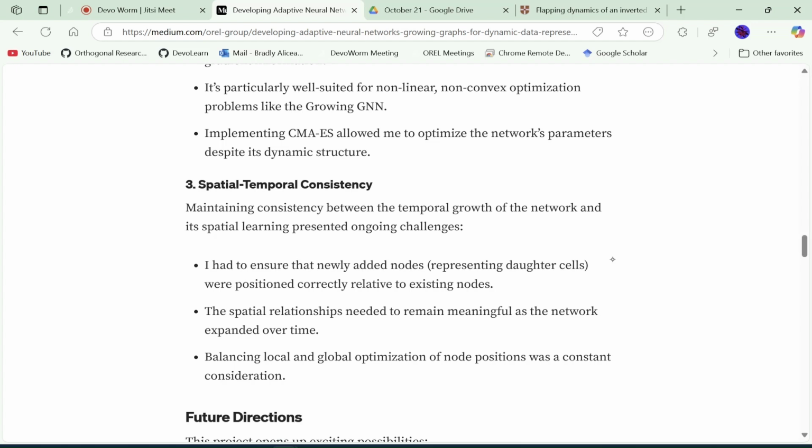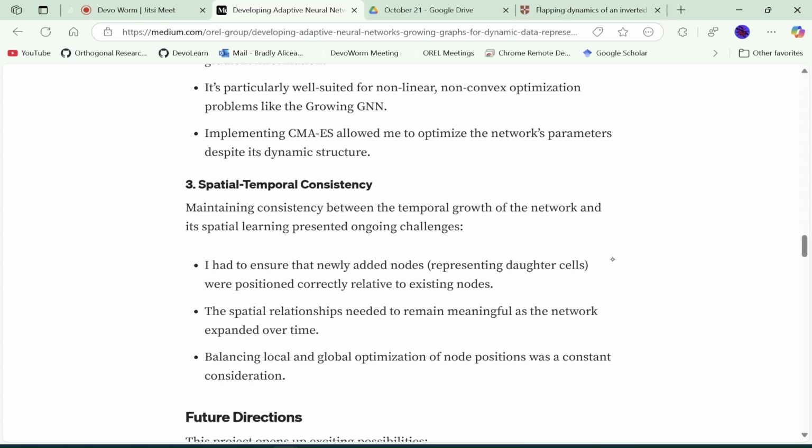The spatial relationships needed to remain meaningful as the network expanded over time. So we don't want cells that are clearly, say, in the anterior or posterior end of the embryo being flipped or otherwise delocated. And then, of course, we want to maintain those spatial relationships between the anterior and posterior poles, between the left and the right sides, between the dorsal and the ventral aspect of the embryo.